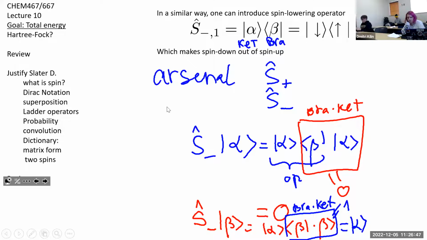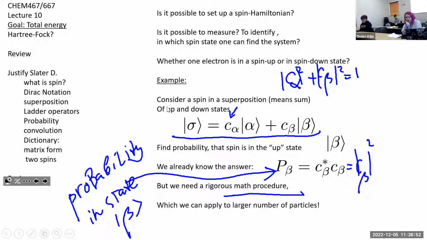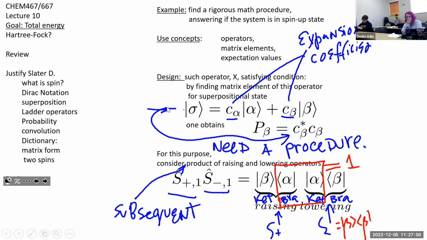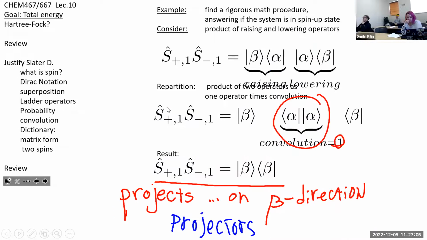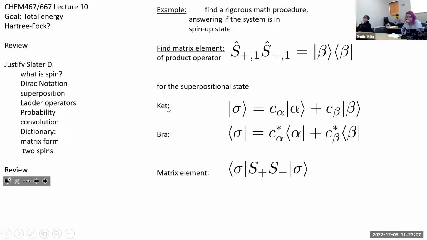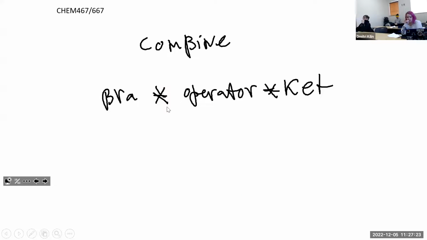So we already went through Dirac notation for S minus and S plus, right? Generally, the wave function of a spin is two expansion coefficients in front of basis functions. If you want to find the expectation value of a matrix element, we need the bra and ket of the spin wave function, and the operator should be placed inside.